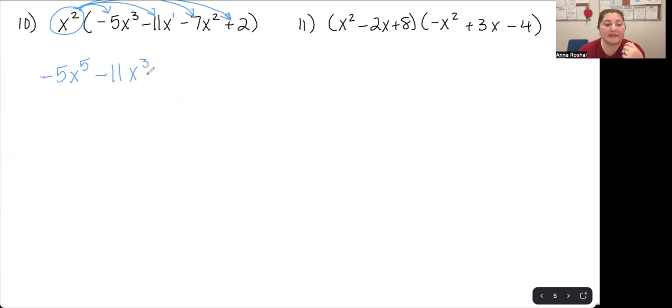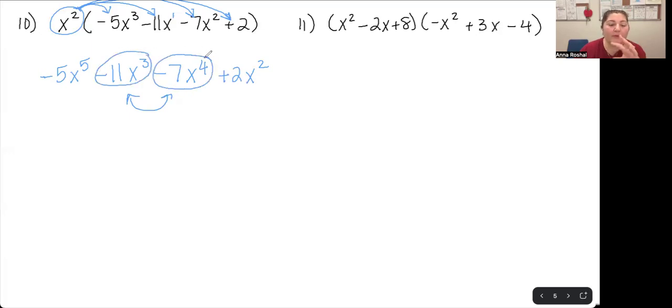X to the second times x to the second is x to the fourth. So minus 7x to the fourth. And then plus 2x squared because there's no variables here, so I don't even have to worry about it. I would flip-flop these two. Again, if this was a plus, I would actually take this whole thing and this whole thing, and I would flip-flop both of them.